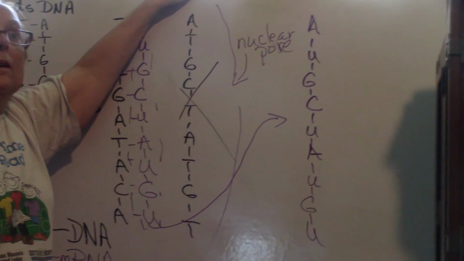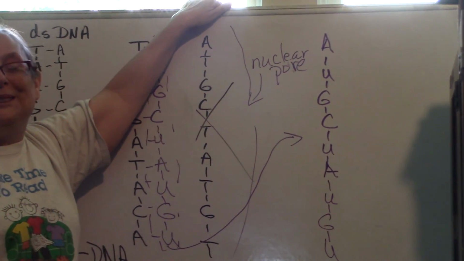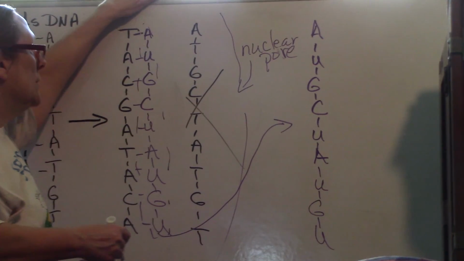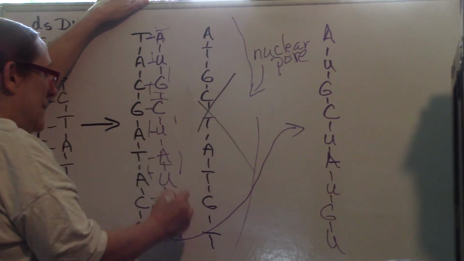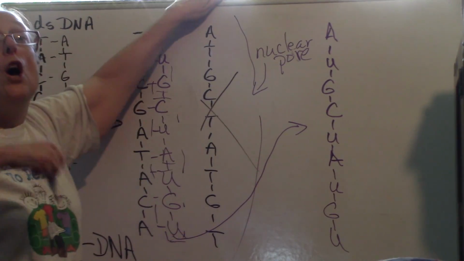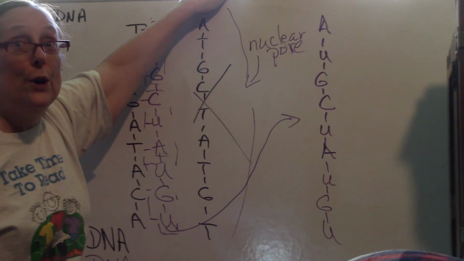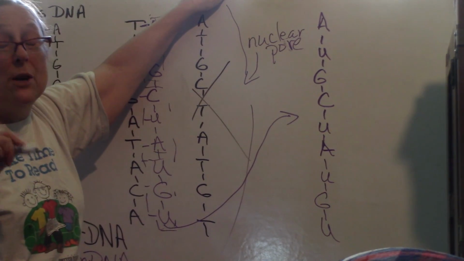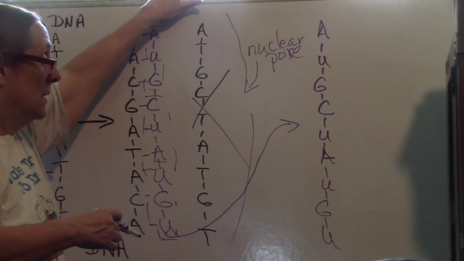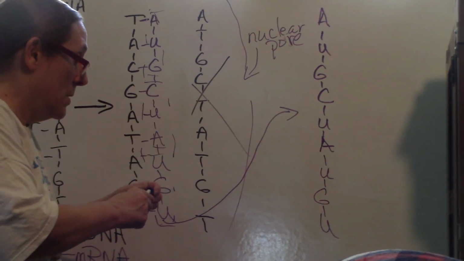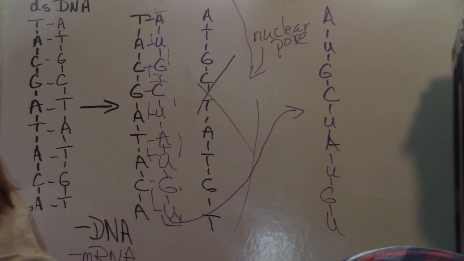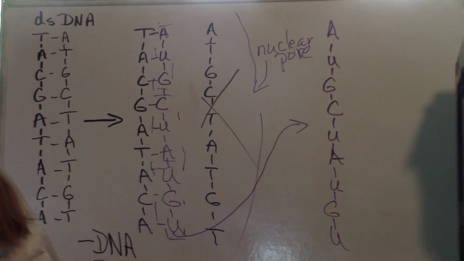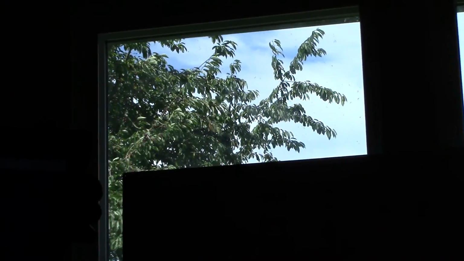Now, it's time to talk about codons. Codons are sets of 3 bases that code for an amino acid. So I want us to look at the computer for a second.